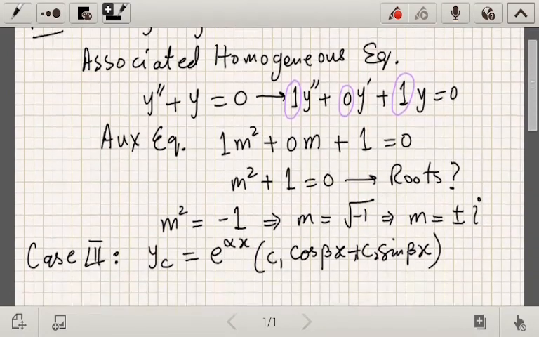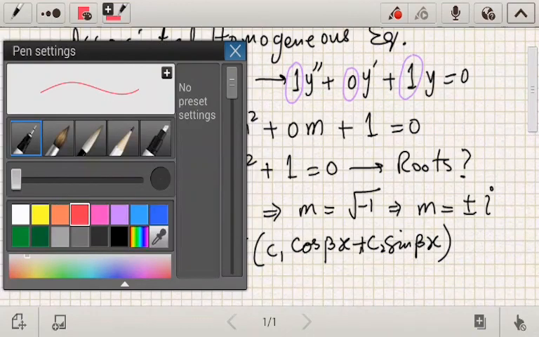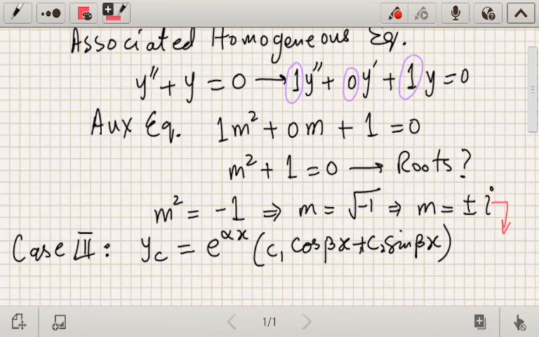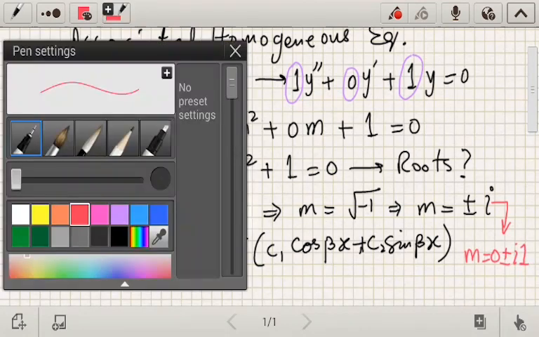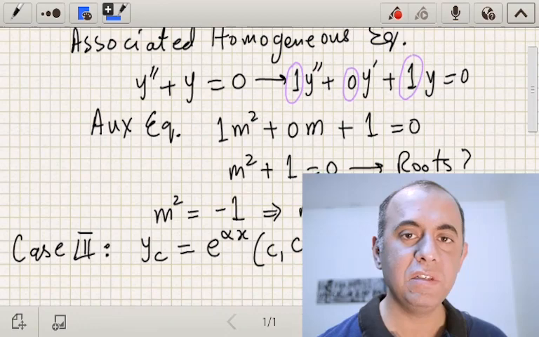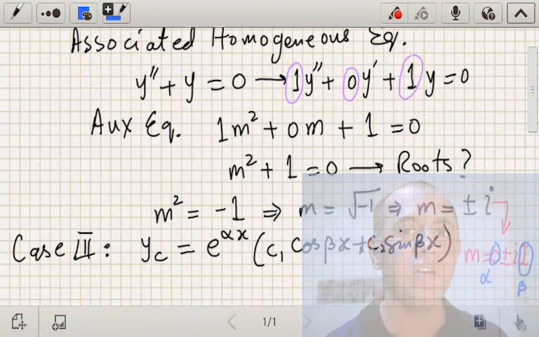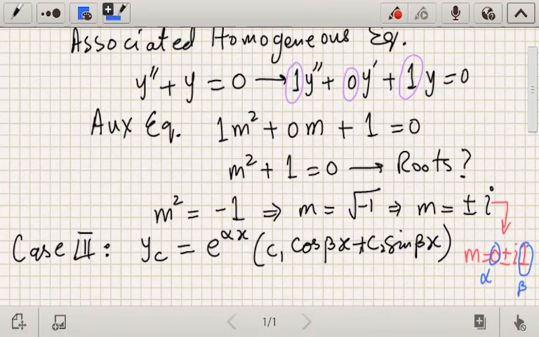If we are going to employ this general form, we must know what alpha and beta are. The roots can be written like m equal to 0 plus minus iota 1. So I can easily identify that 0 is alpha here and 1 is beta. I have just written plus minus iota in the way we write a general alpha plus minus iota beta, and I'm getting alpha as 0 and beta as 1.